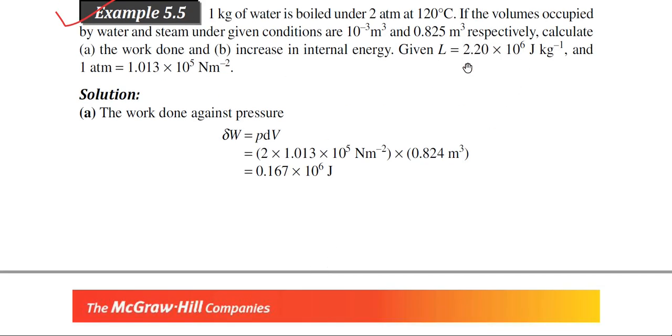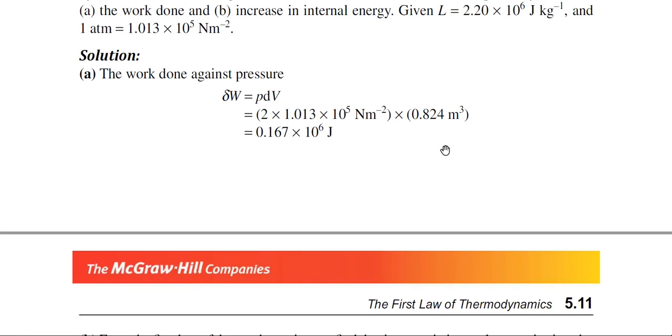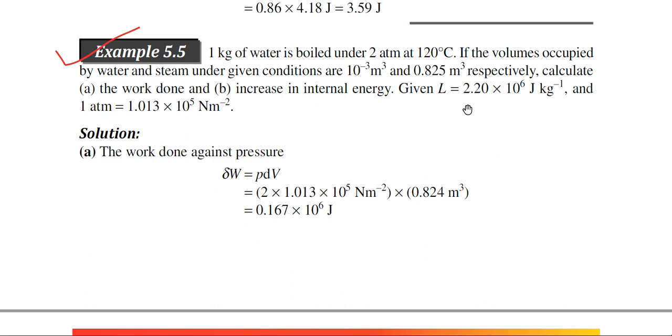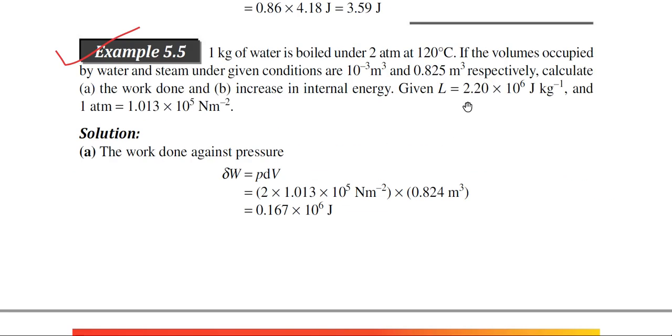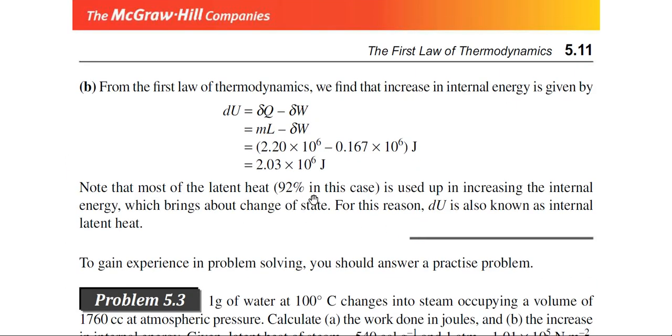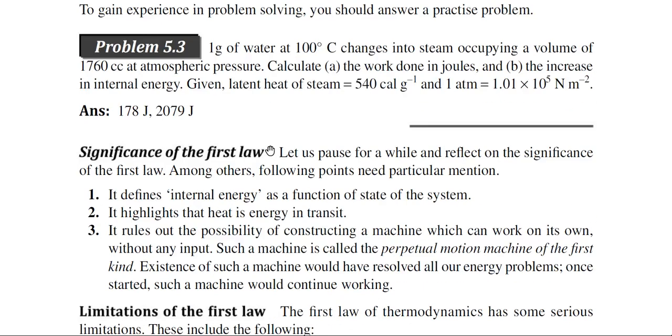So, if we consider this is the heat supplied per kg, then most of this heat is being converted into increasing the internal energy. 2.03 into 10 to the power 6 divided by 2.20 into 10 to the power 6 will give you 92%. So, 92% of the latent heat is used up in increasing the internal energy. This is the main conclusion of this problem.